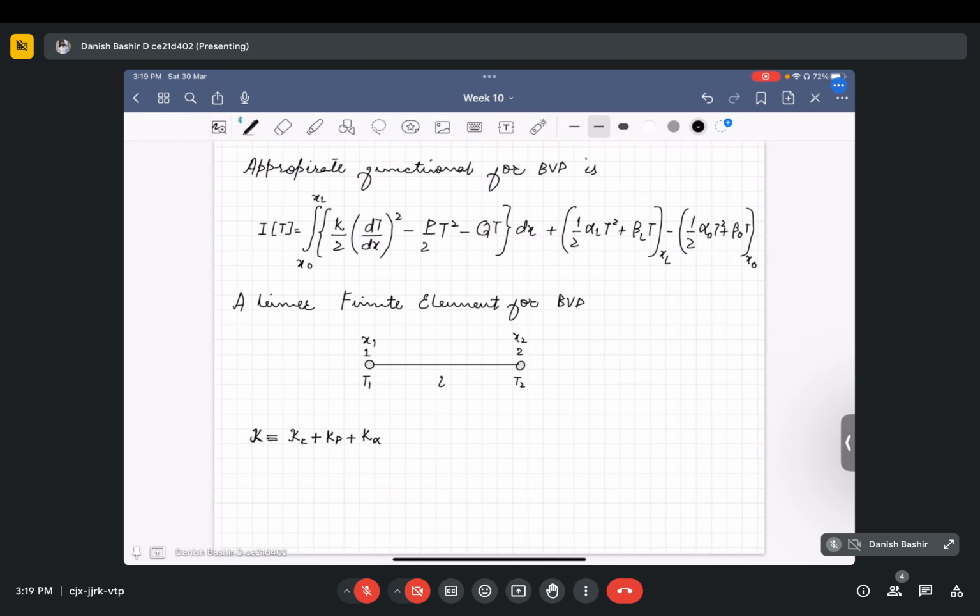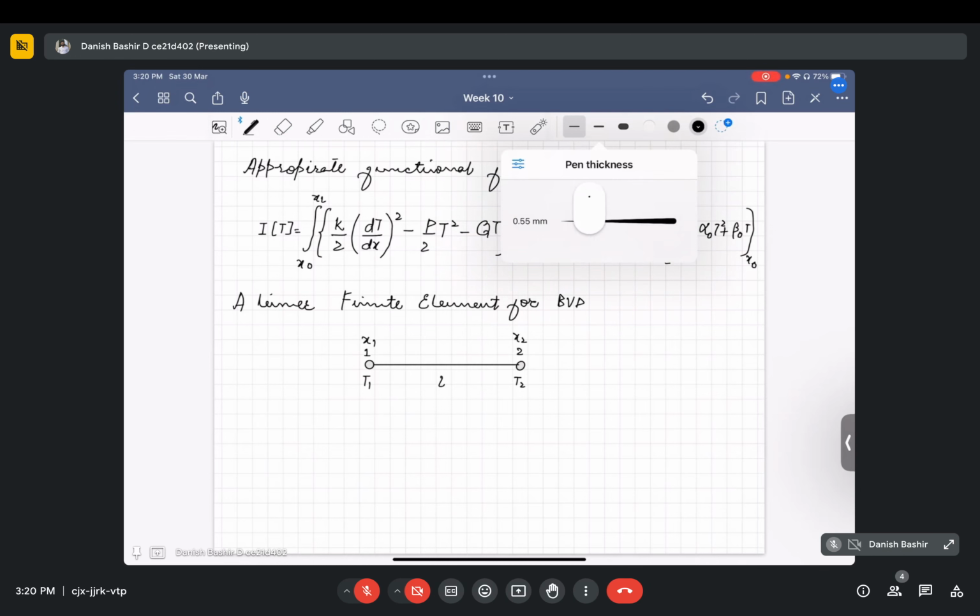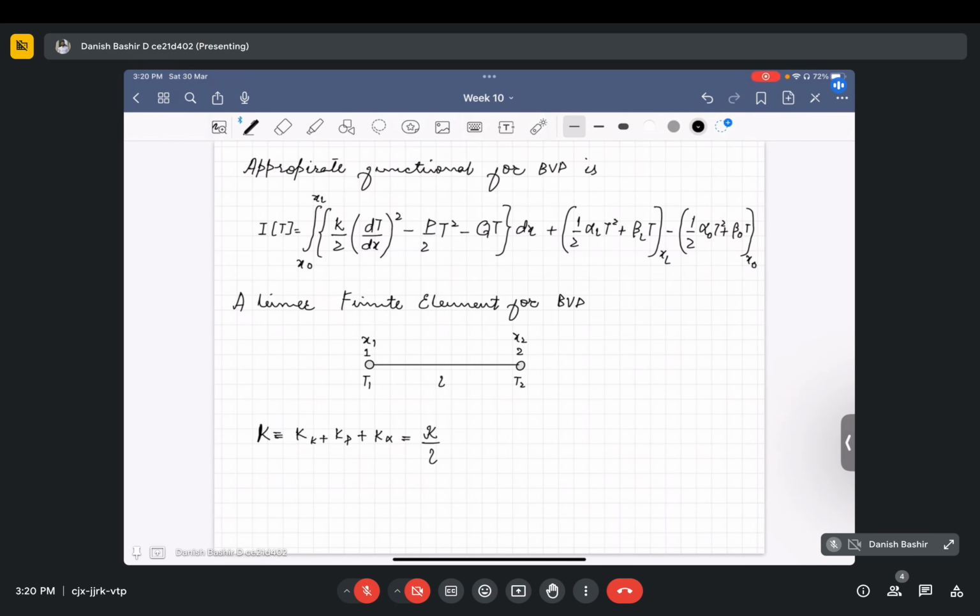Sorry, I have to write a little bit. K is equivalently written as K plus K p plus K alpha, and its total value is given as K by L, length of this element, times the matrix [1 -1; -1 1], plus P L times [-1/3 -1/6; -1/6 -1/3], plus [-alpha 1, 0; 0, alpha 2].